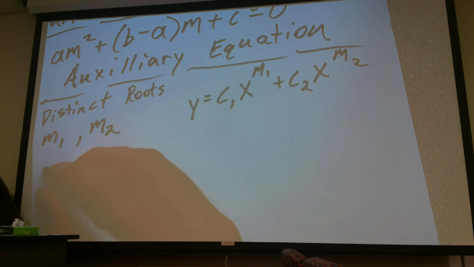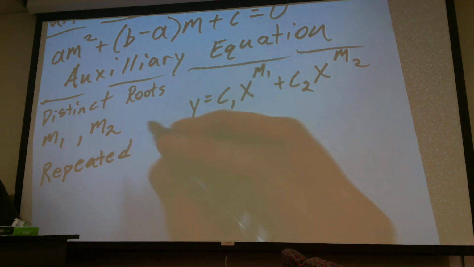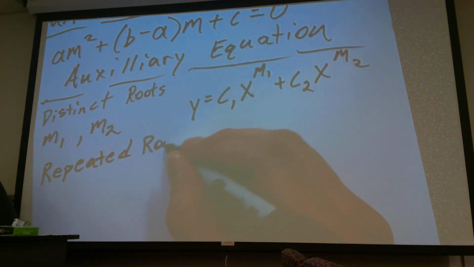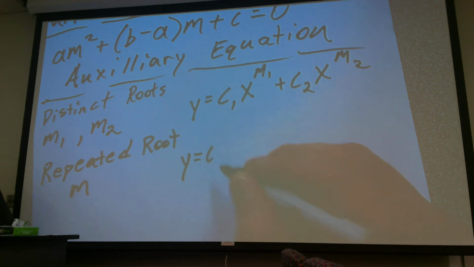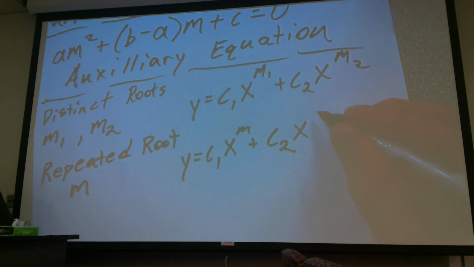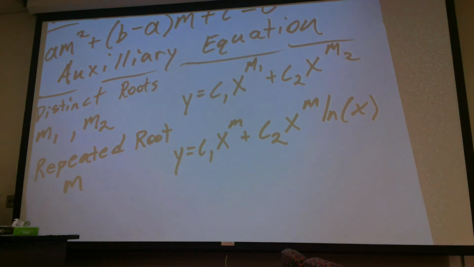Let's say we have a repeated root. And we'll just call that guy m. Okay? So, in that case, y is going to equal c1 x to the m plus c2 x to the m times the natural log of x.